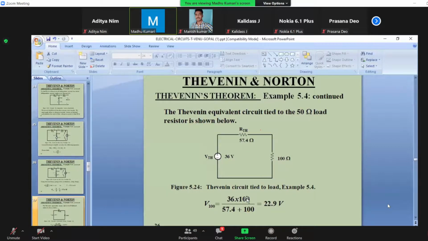And now you can calculate the voltage, power and current across this.